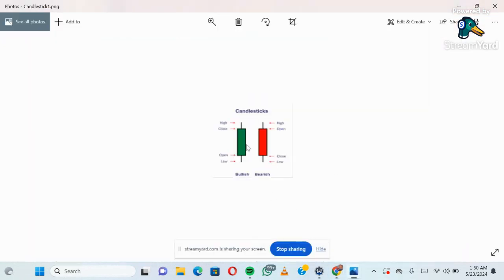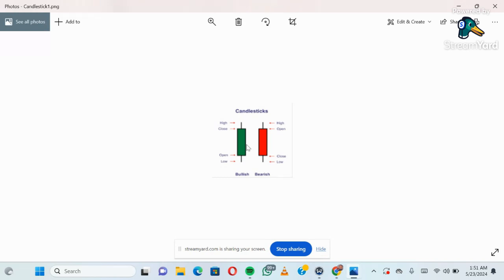So this is how candlesticks basically work. You can see we have bullish and bearish candles. We need to understand some things when we talk about candlesticks: the open, the close, the high, the low. What is the open? The open is the point at which the candle opens, and the close simply means where the candle closes.